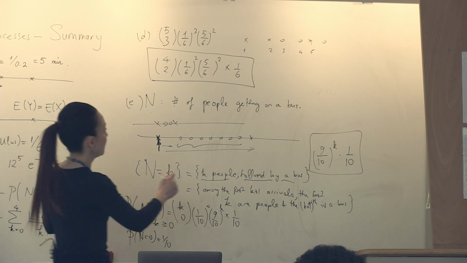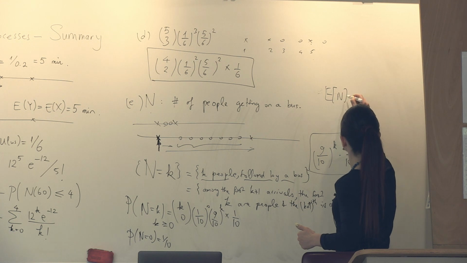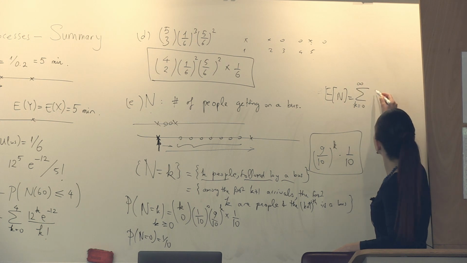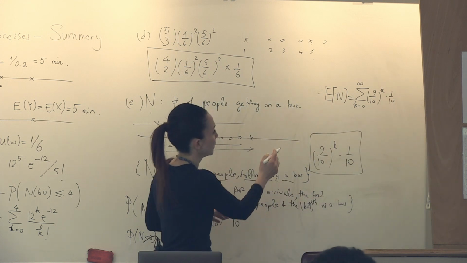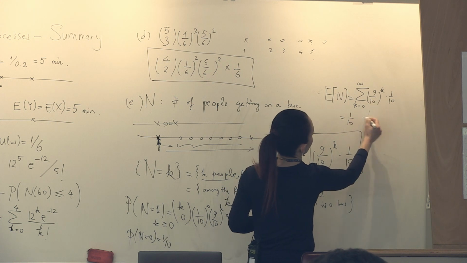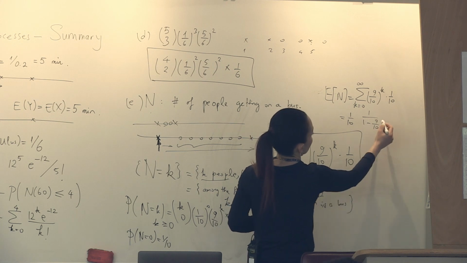So if you compute here the expectation of n, it is summation k from 0 to infinity of 9 over 10 to the k times 1 over 10. That's not going to be 10. What is it going to be? So it's 1 over 10 times 1 over 1 minus 9 over 10, right?